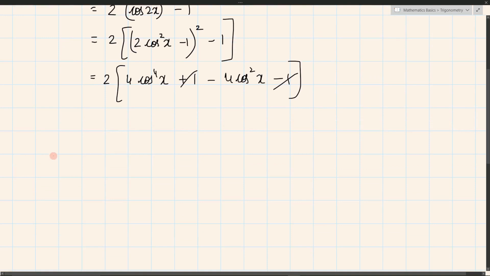I'll multiply 2 as well. 2 into 4 is 8 cos to the power 4x.